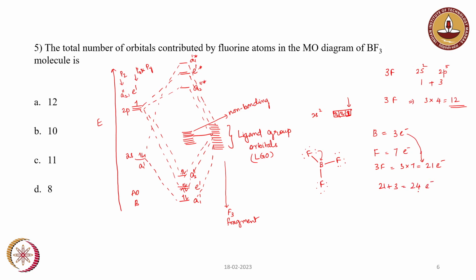We have given 8 electrons in the bonding orbitals. So 24 minus 8 is 16. So 16 electrons are remaining. They will be occupied in the non-bonding orbitals.